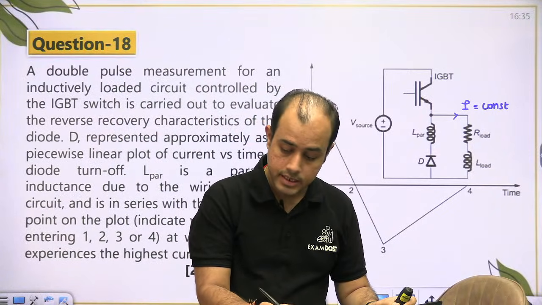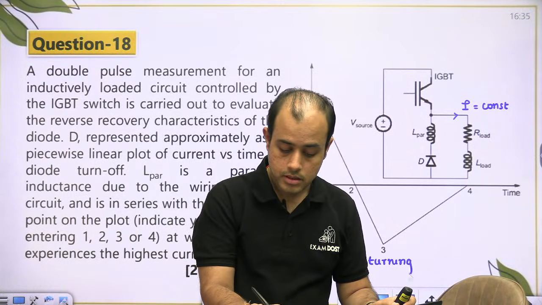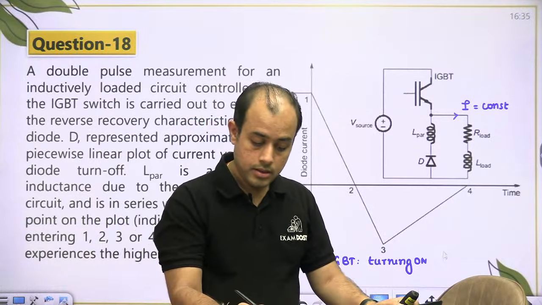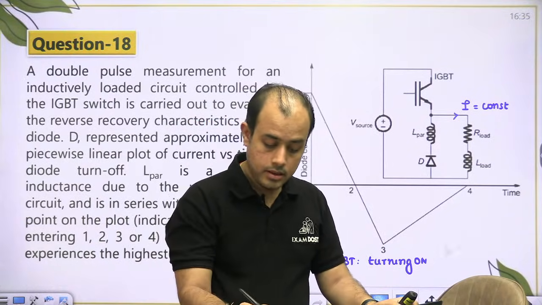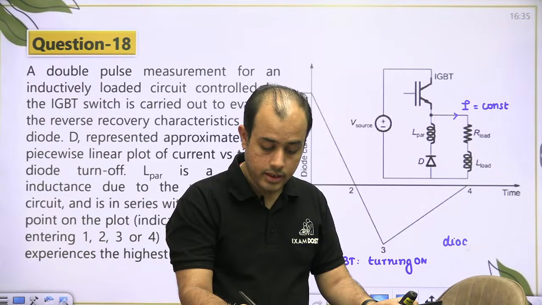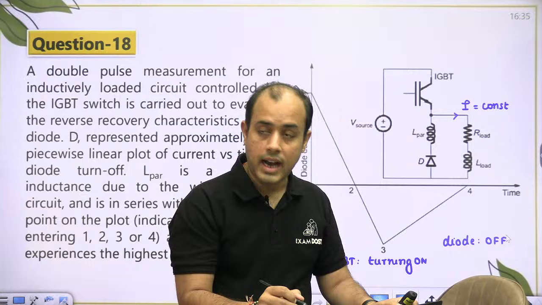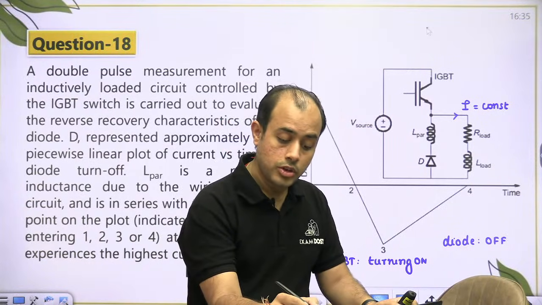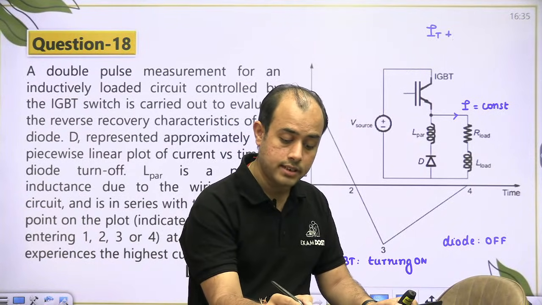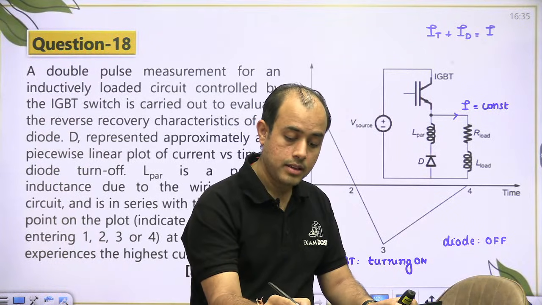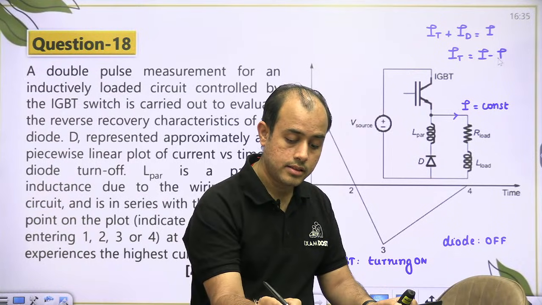So when IGBT is turning on, diode will be turning off. ठीक है, तो I is constant. So you can say switch plus diode current is I. So switch current is I minus ID.